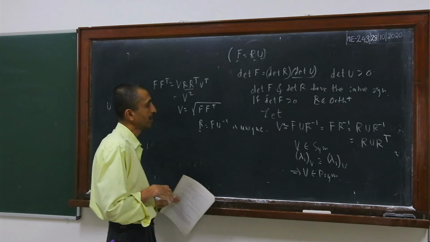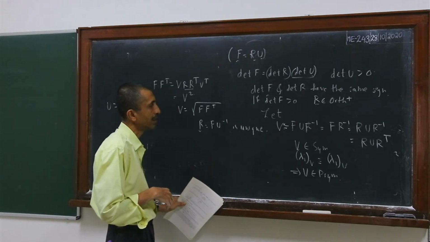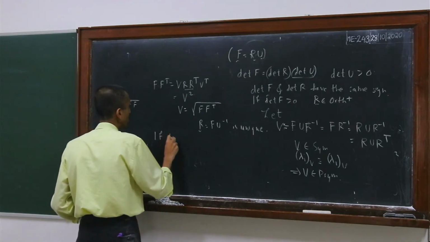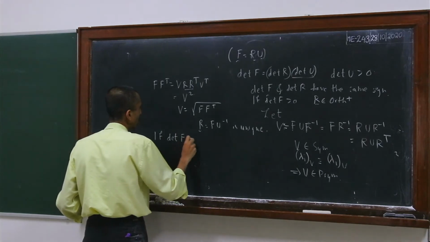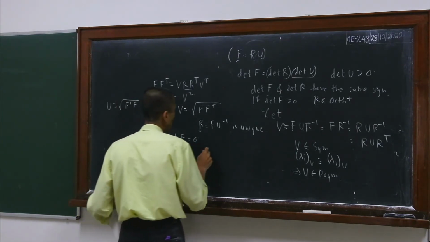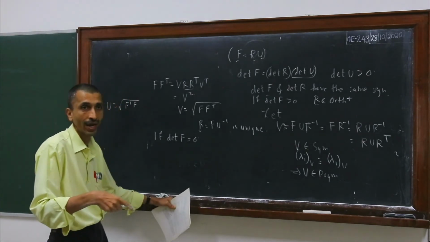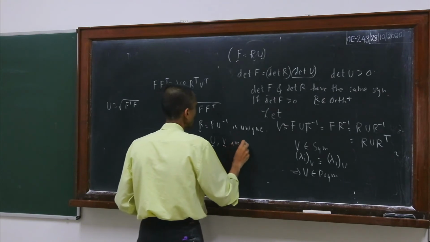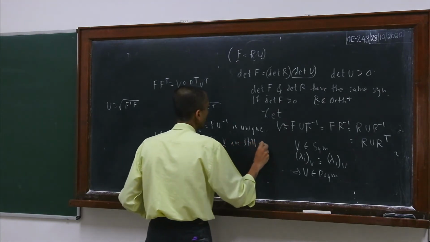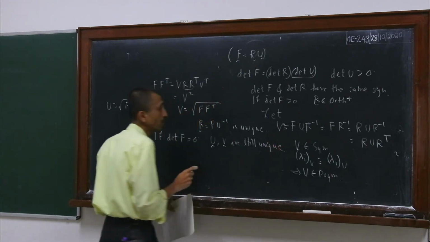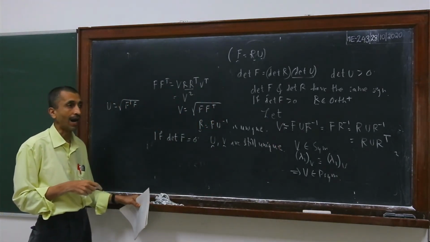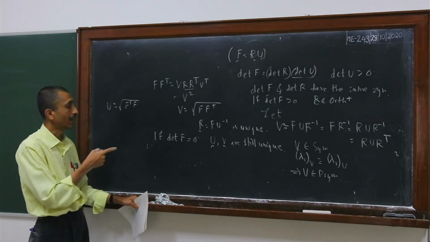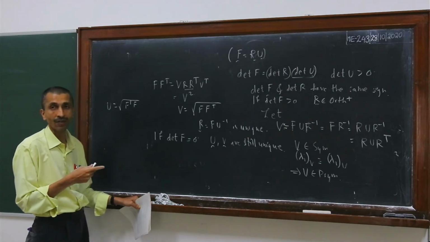But now what happens if determinant of F is equal to 0? What happens in that case, right? If determinant of F is equal to 0, then actually you can show, so go through the same proof again, you will see that U and V are still unique. But R is not unique. See, the way we defined R was as F times U inverse. But now U will not be invertible when det F is equal to 0, because the product of the eigenvalues is 0, right?